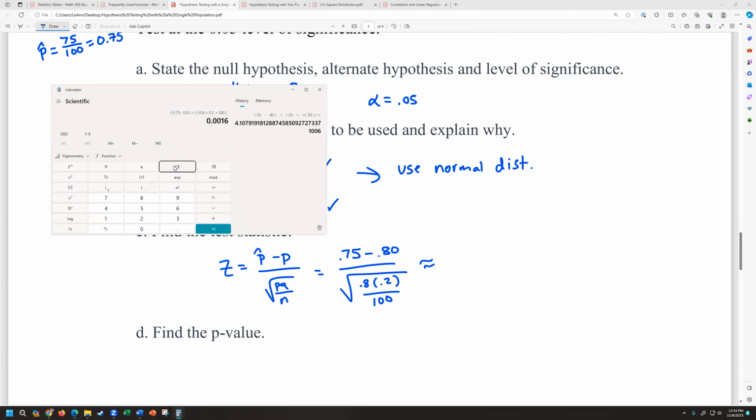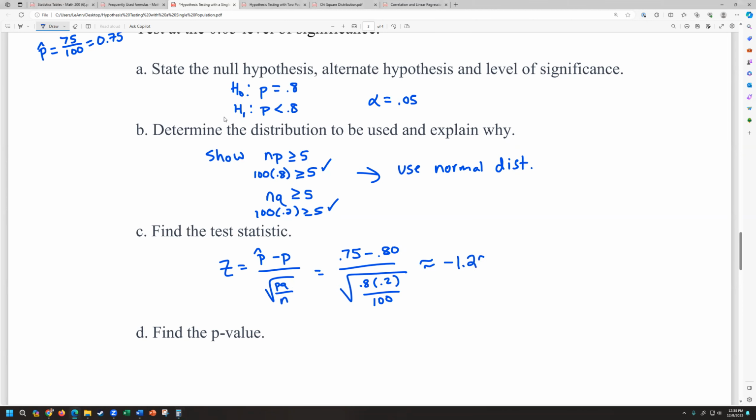That's inside parentheses in my denominator. So I'm going to be taking the square root of that part. So notice if you see my calculator here, hopefully you can see it, that square root symbol is just on that parentheses part, and then I close my parentheses for my denominator. So if you have a calculator that does this a lot easier than mine, that's wonderful. But I get a z-score of negative 1.25.